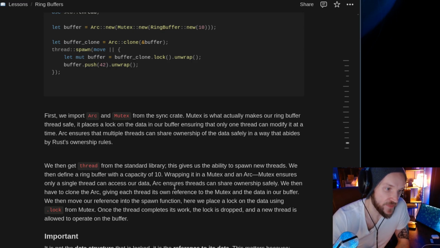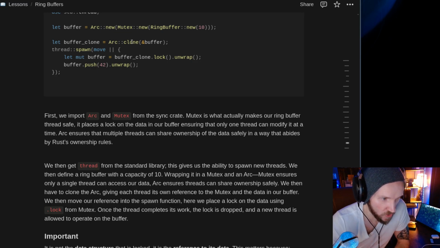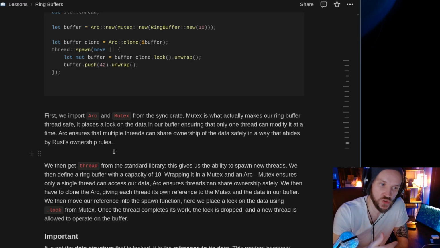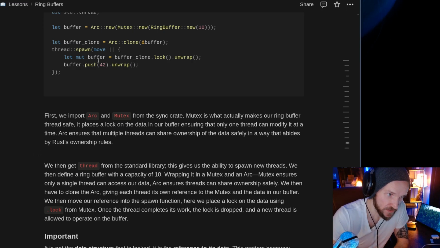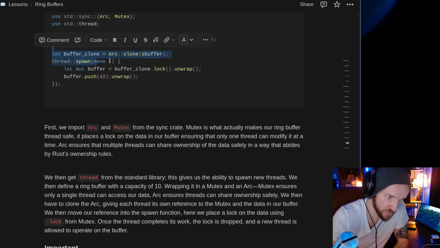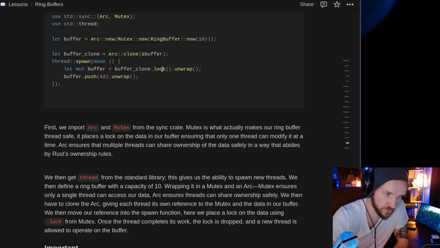Okay, and then we clone the Arc. So you'll see up here we do Arc clone buffer, and this gives each thread its own reference to the mutex and the data inside the buffer, right? And then we move the reference buffer clone into spawn, and we place a lock on it using lock.